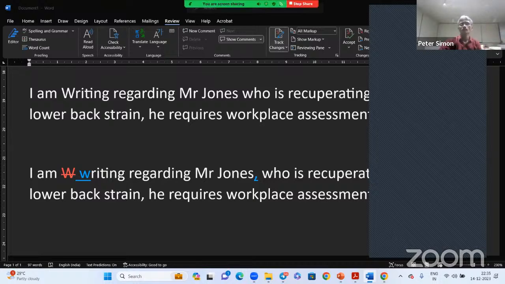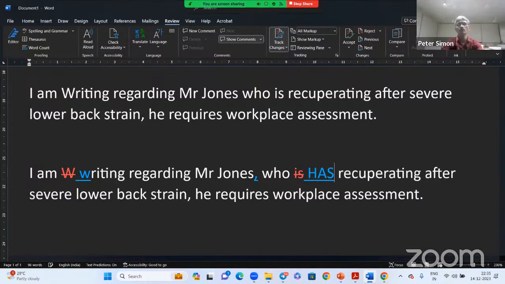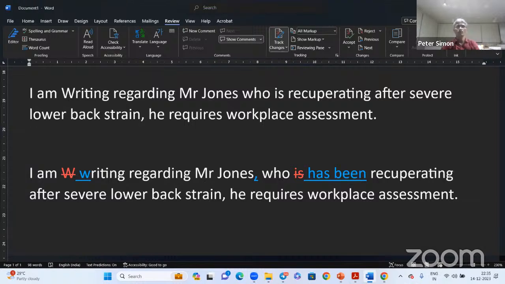Then it is not is recuperating because this is a steady process. It's not happening in one minute, but over a long time. So it is better to say has been. Who has been recuperating.